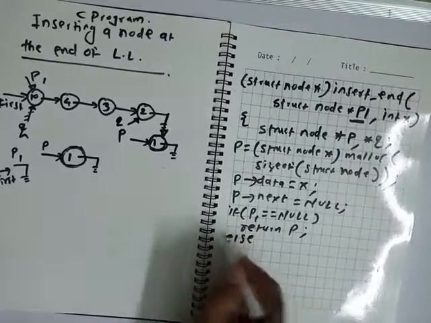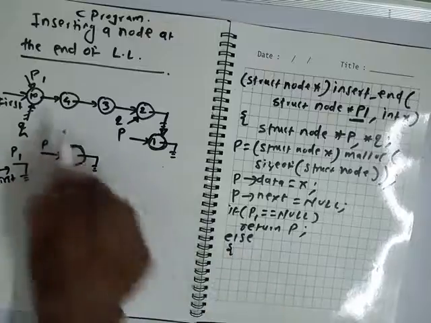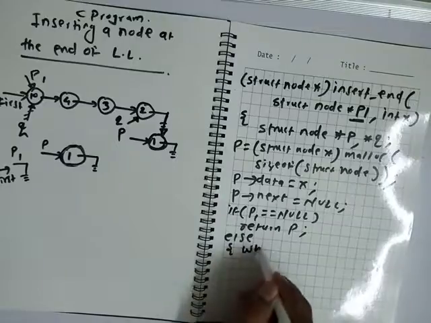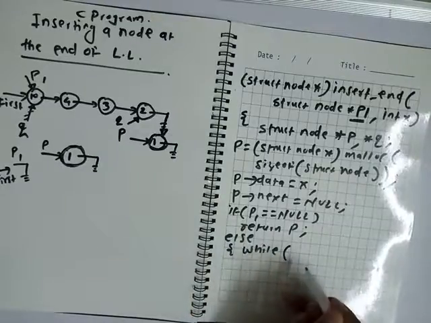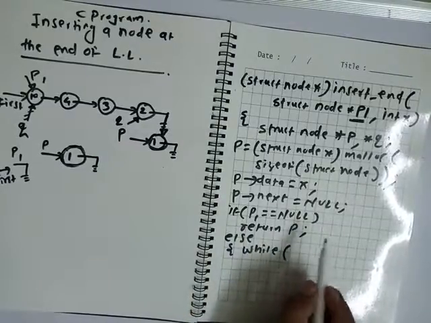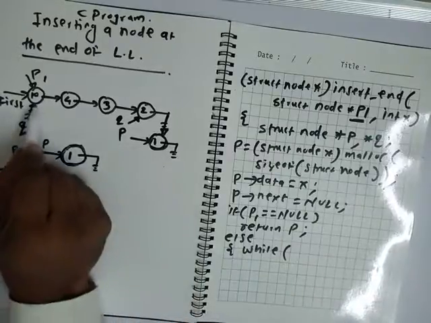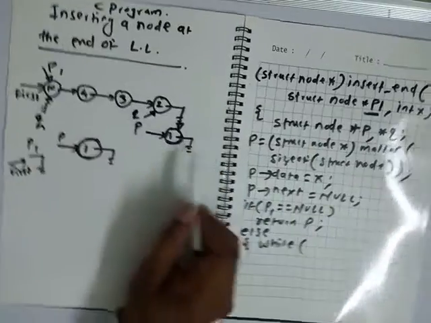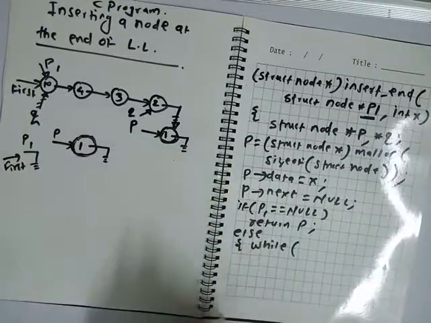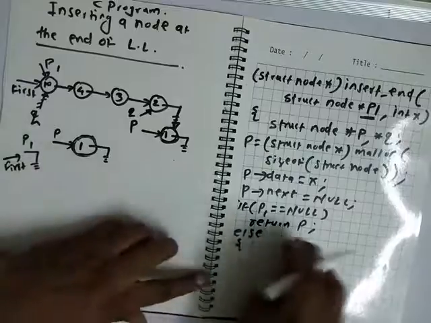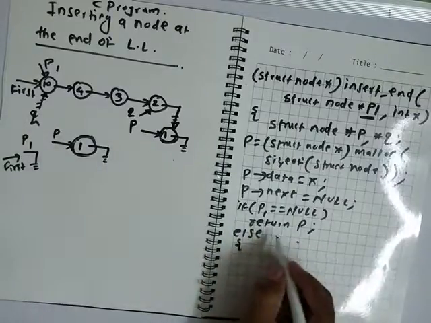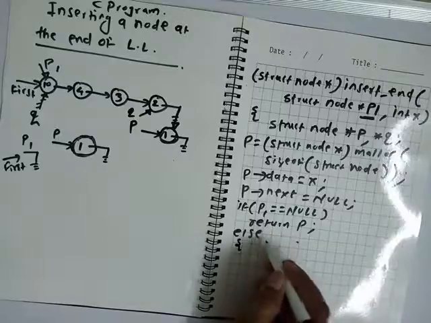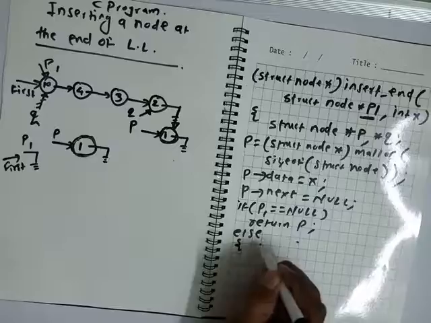Else, that means there are some nodes inside the linked list. So in that case, we need to traverse the linked list till the last node. I can start traversing the linked list at the first node. So let me take a pointer q to the first node. So inside else, before starting traversing, because I can't move p1, I'll take the q pointer, which I'll start at the first node.